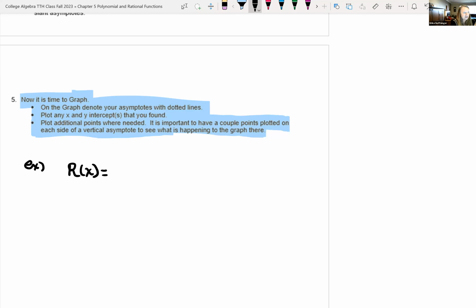Our numerator of r of x is x squared plus x minus 12, and our denominator is x squared minus 4. So we want to go through here and graph.